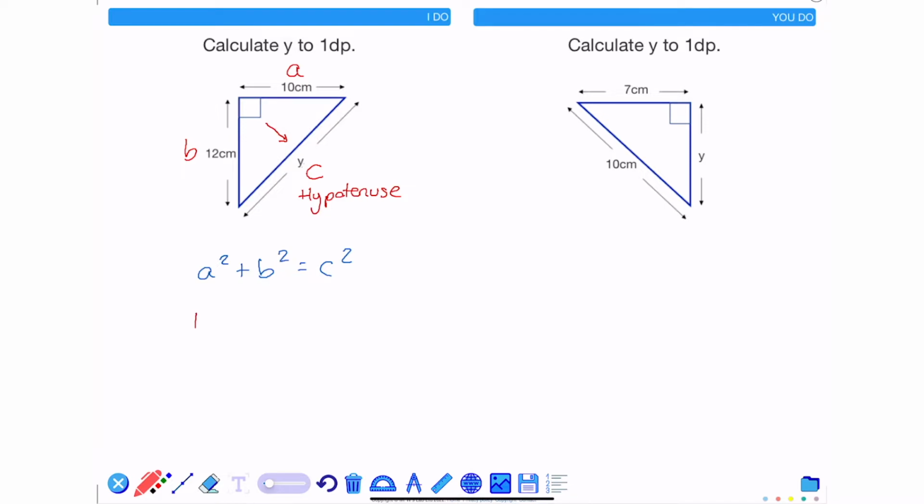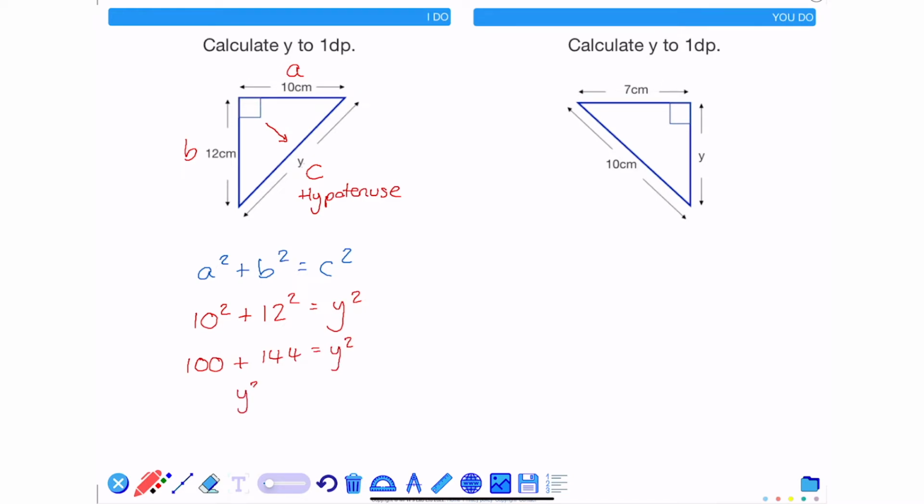The A is 10, so 10 squared, plus B, which is 12, so 12 squared, is equal to y squared. Evaluating what I can, 10 squared is 100, plus 12 squared, which is 144, gives me y squared.